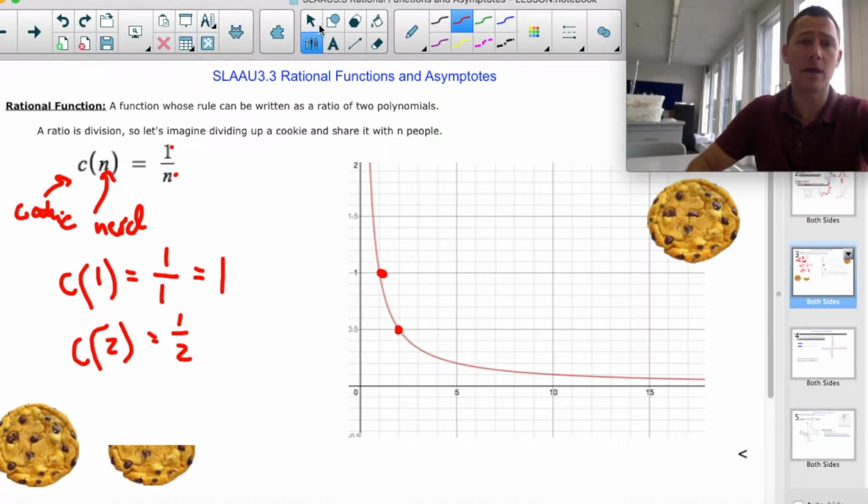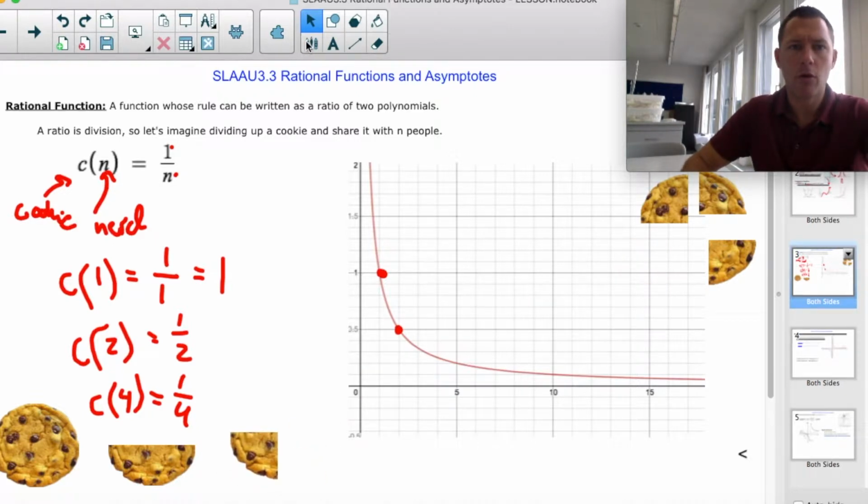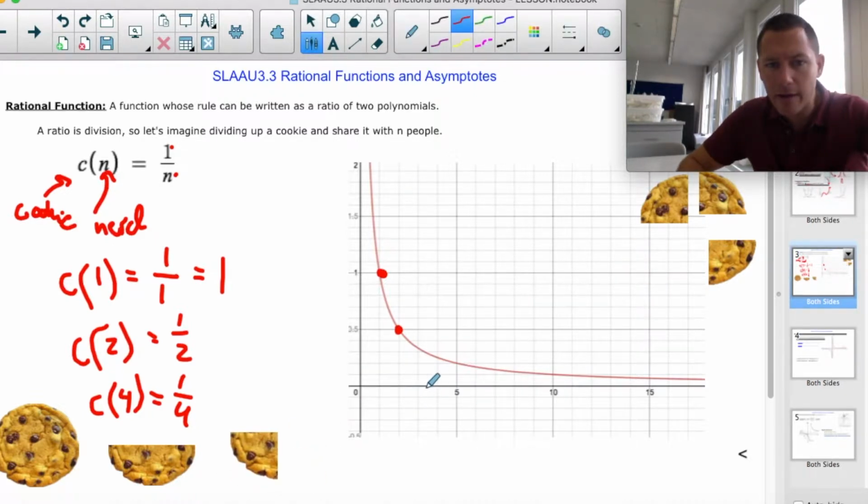And if you played the same game with this, if you said, I'm choosing 4, just for fun. If you said C of 4, you're taking one cookie and dividing by 4 people. That means everybody gets a fourth of a cookie, right? And you can see this happening at 4. This is about half of the half.